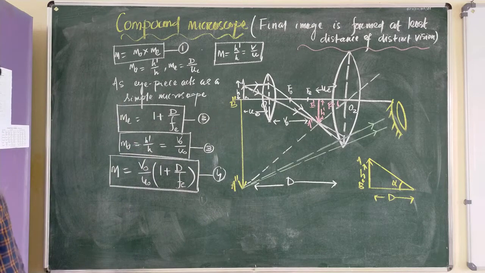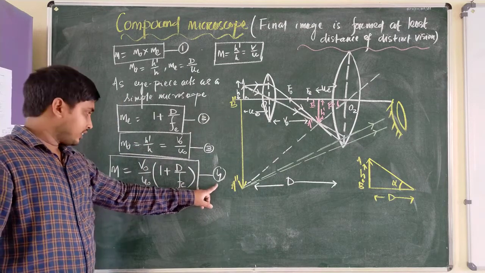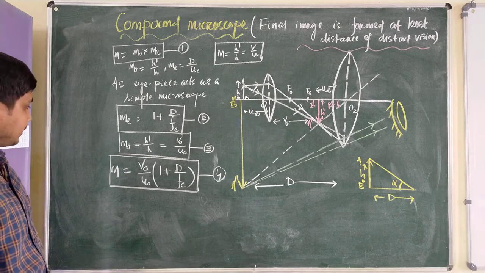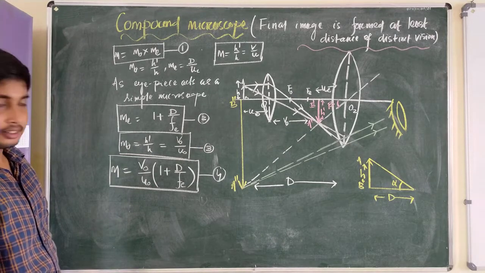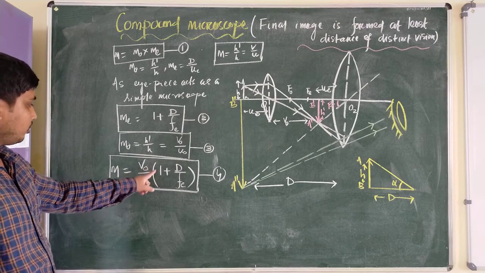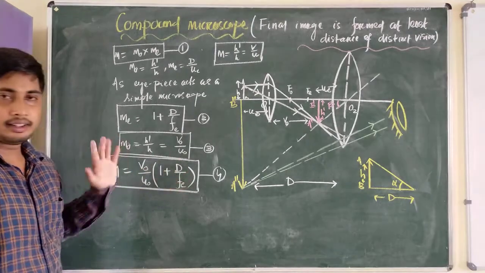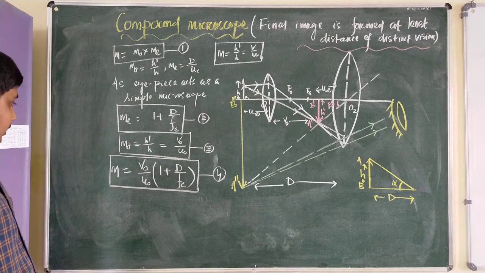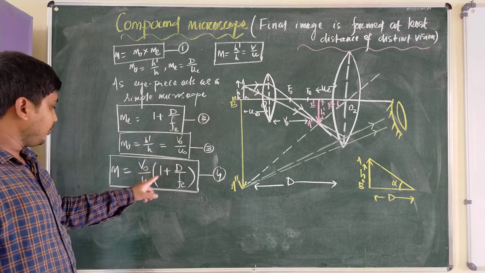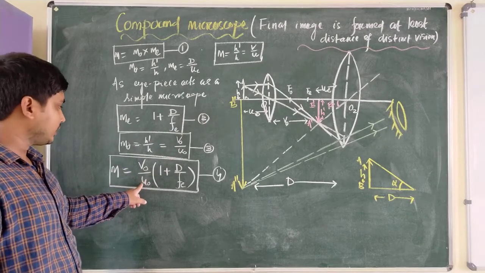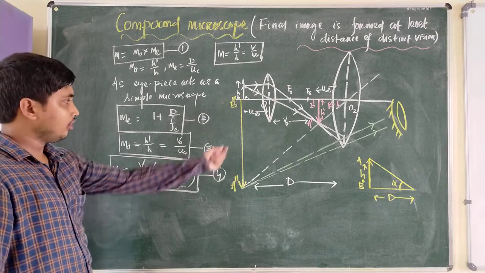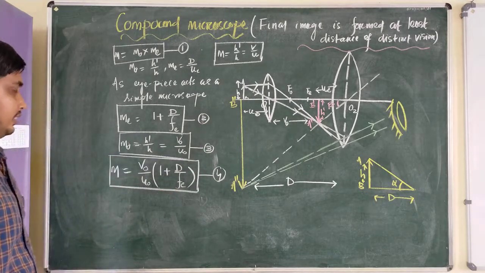Equation number 4 gives the magnification of the compound microscope where the final image is formed at the least distance of distinct vision. Is it clear? Where VO is the image distance for the objective, UO is the object distance for the objective, D is the least distance of distinct vision, and FE is the focal length of the eyepiece.